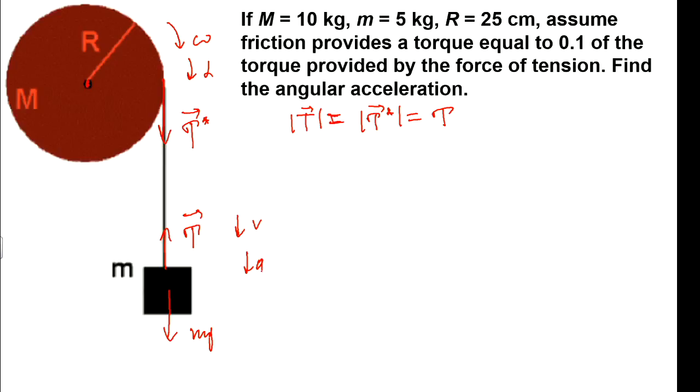And now friction happening here. It does provide some torque. And we know that the magnitude of the torque due to friction should be equal to 1/10 of the torque due to tension. How do we know? We can read. But torque also has a direction.